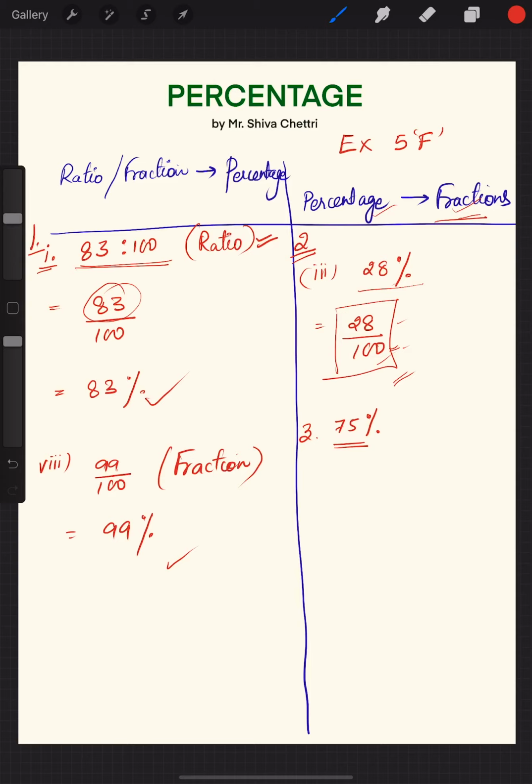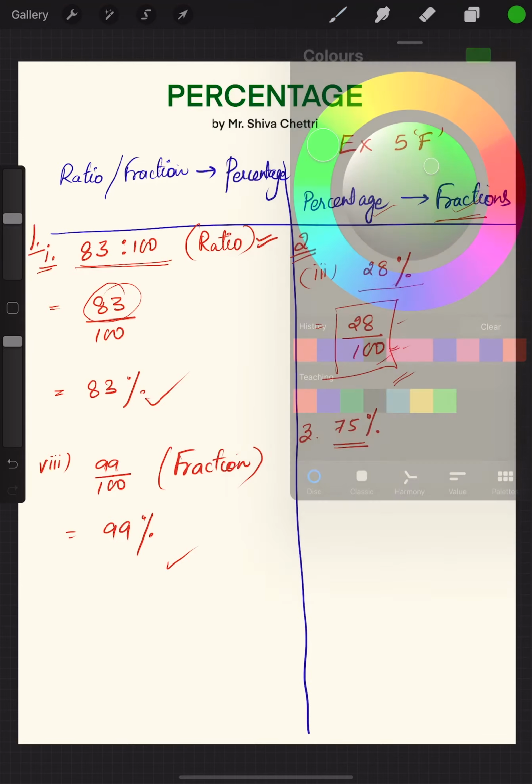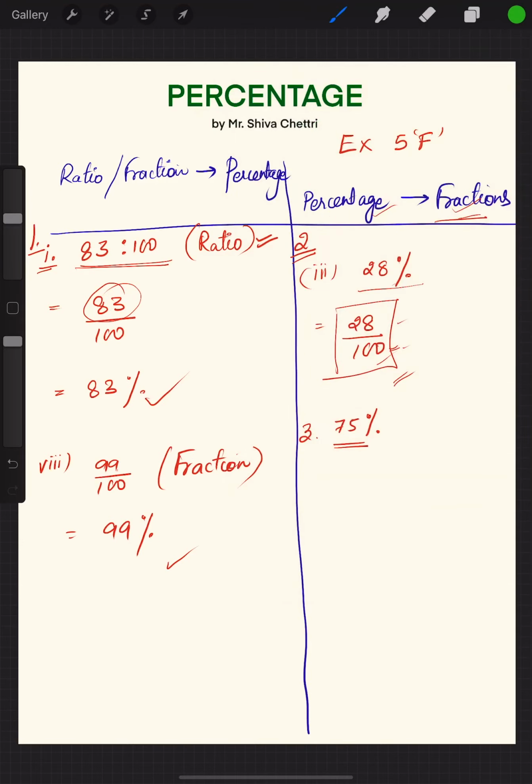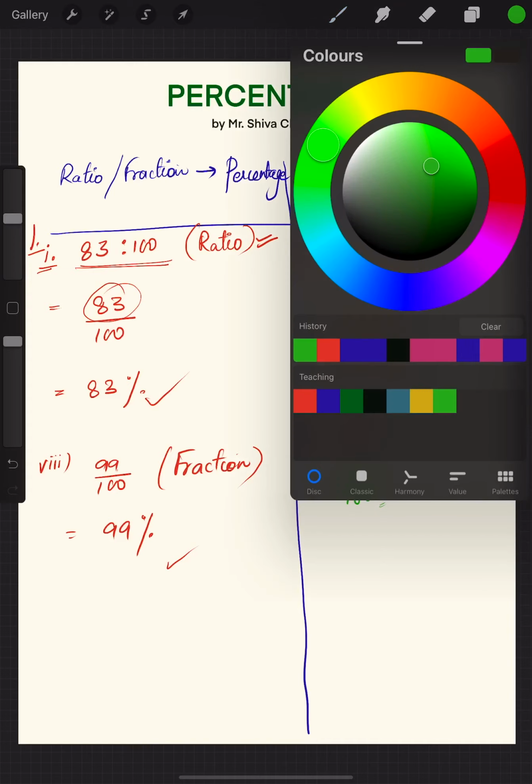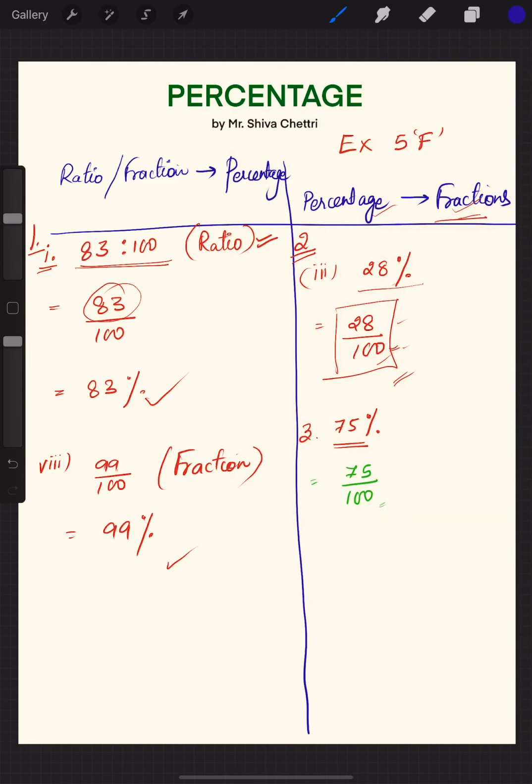We are converting this 75% to a fraction in the simplest, lowest term. What we do is write 75 out of 100, and it's not the answer because the question says you have to convert it into the simplest form. So we'll divide both the numerator and denominator by a common number.